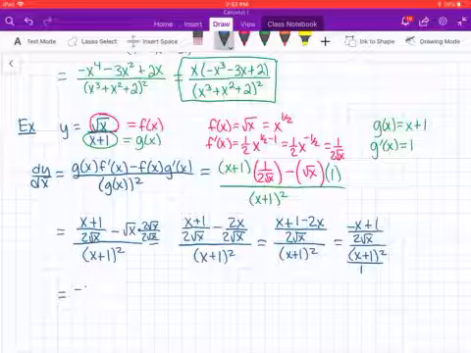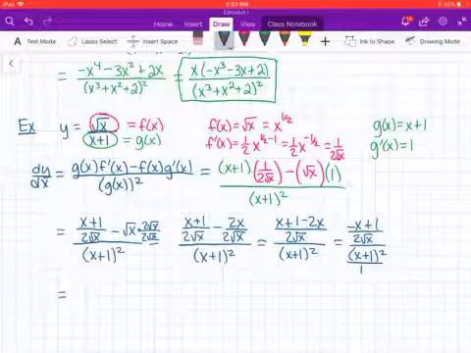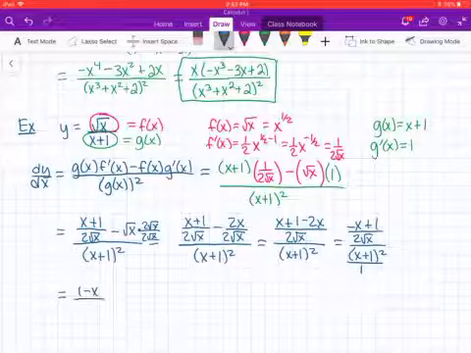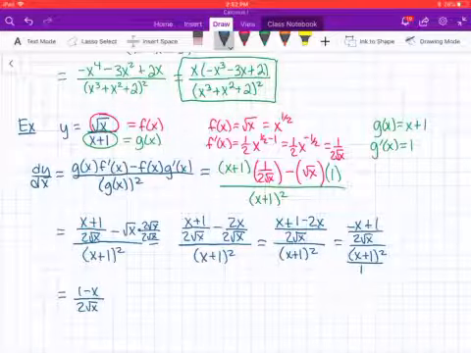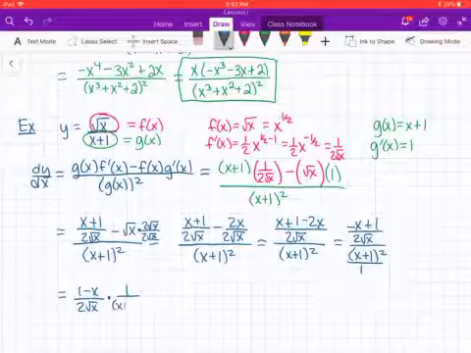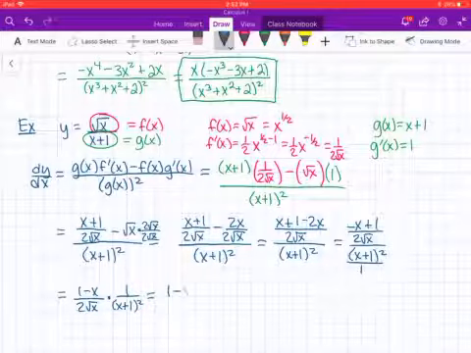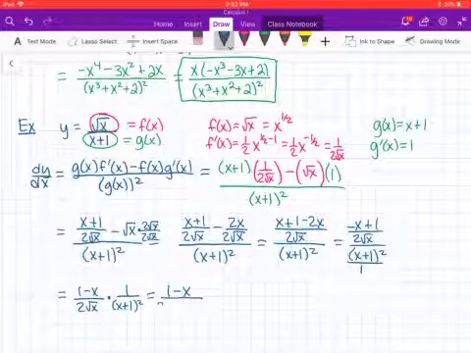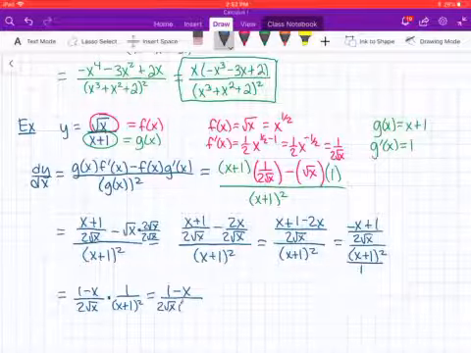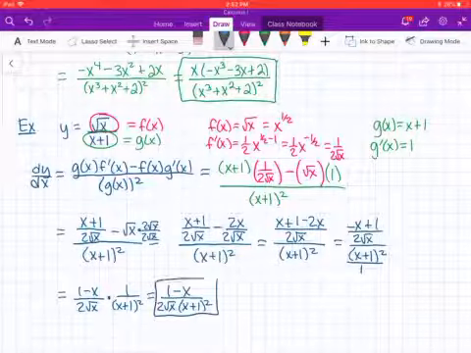So instead of negative x plus 1, I'm going to write 1 minus x. It looks nicer, over 2 square root x, and then times the reciprocal, which is 1 over x plus 1 quantity squared. And so officially we have 1 minus x over 2 square root x times the quantity x plus 1 squared. And there we go.